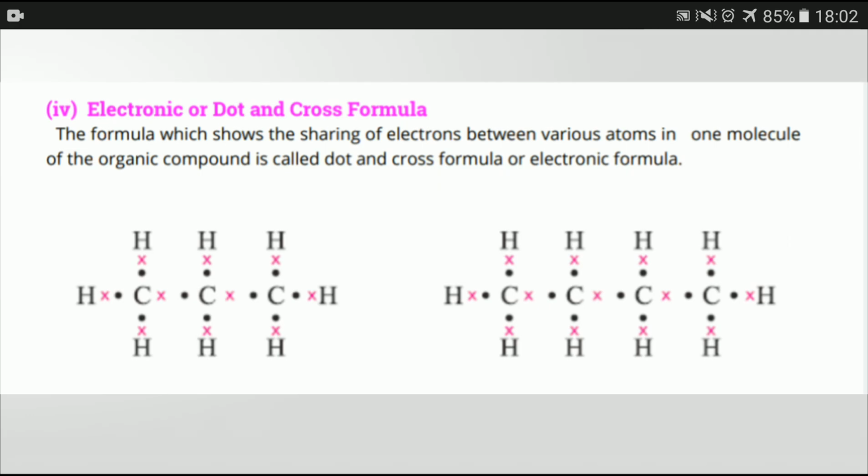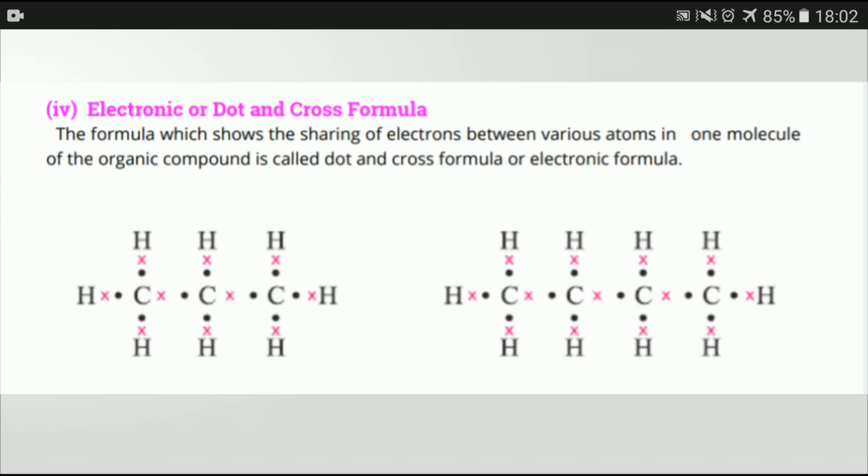Here is the first structure, propane, because 3 carbon atoms are present, and the second structure is of N-butane, 4 carbon atoms are present. You have learned that carbon can make only 4 covalent bonds. Now, for the first carbon, 3 dots and 1 cross are present, and 3 hydrogen atoms are attached with the first carbon atom.